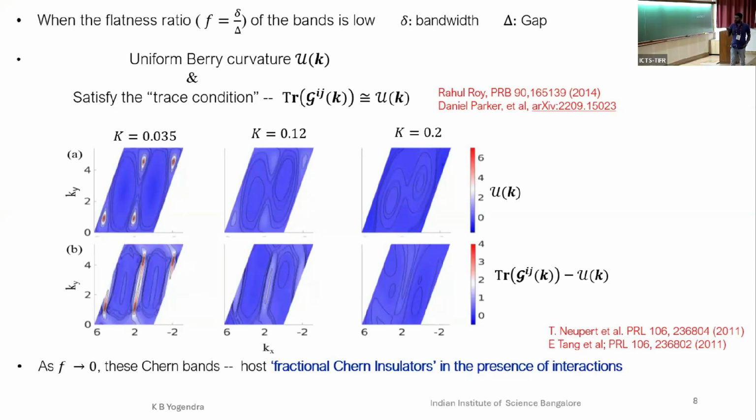Those are the uniform Berry curvature and this trace condition, where the trace of the quantum metric is approximately equal to the Berry curvature at each k point. So these are the kind of ideal conditions for the Chern insulators. As you can see here, I am changing for different k values. I am plotting the Berry curvature and the difference between these two quantities.